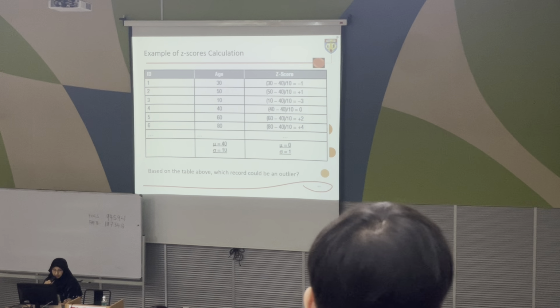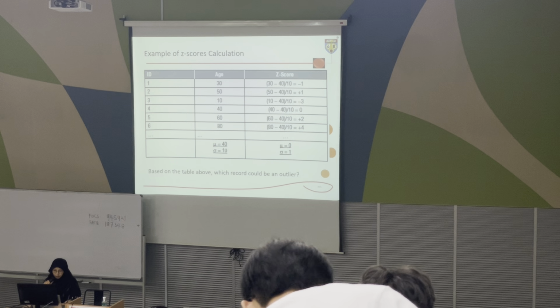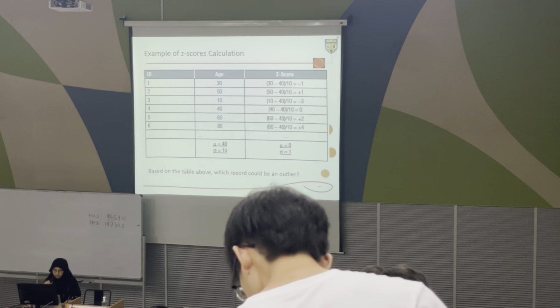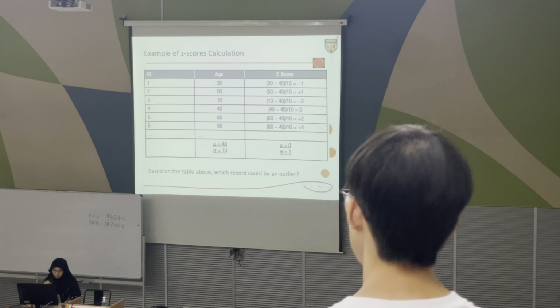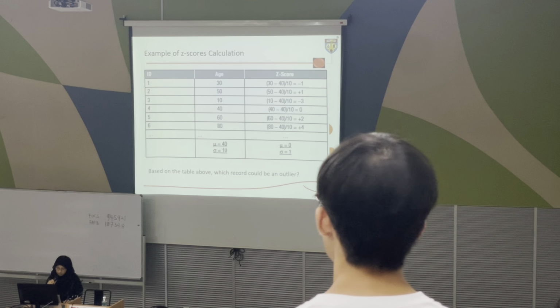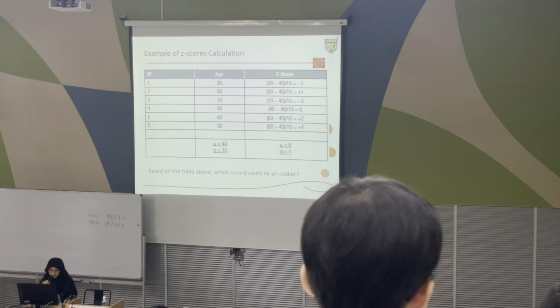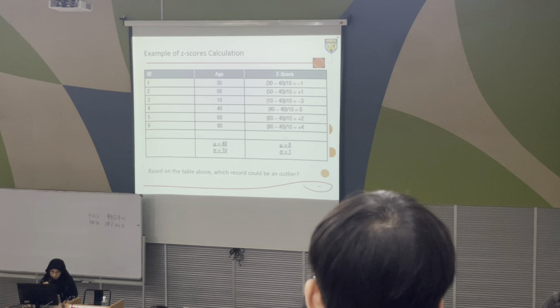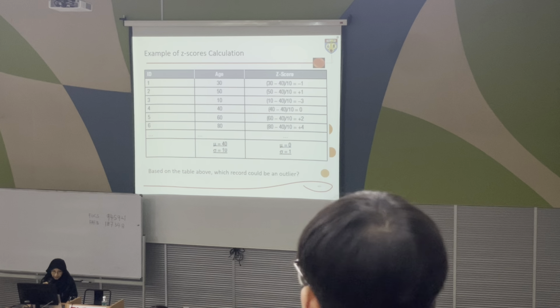Okay, so this is your data point, and you want to identify whether in this data we have outliers or not. This one is based on the previous formula for z-score. We have ID 1 up until 6.